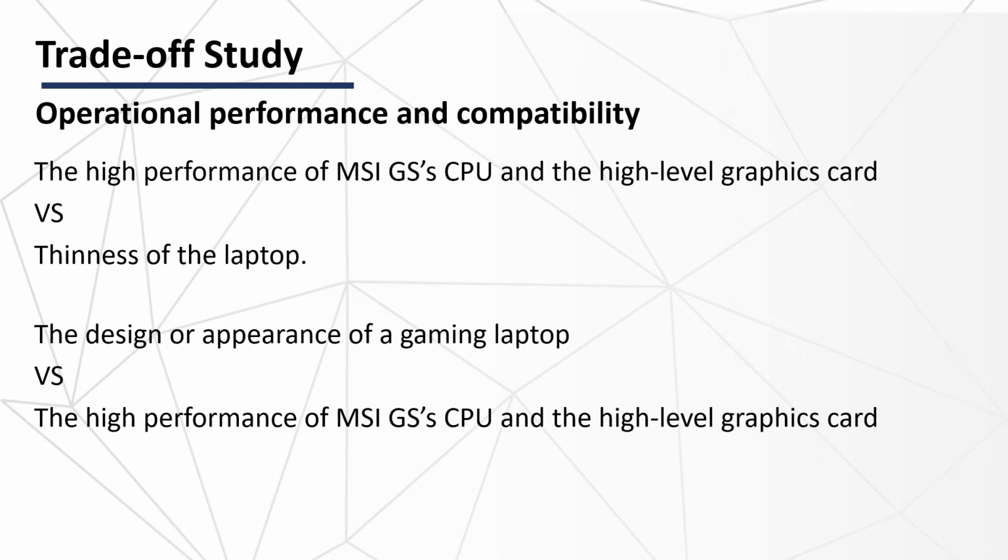Well, it's kind of the same thing, because people who build gaming laptops usually don't care about the design or the appearance of the laptop, because they tend to pay more attention to the inside of the laptop. That's what the engineers of laptops want.